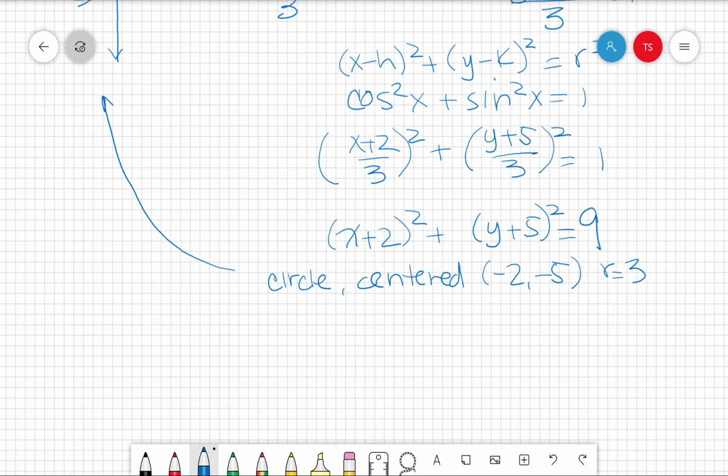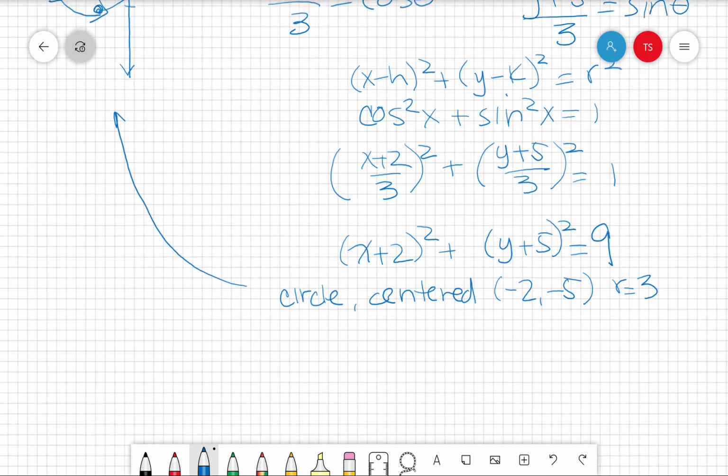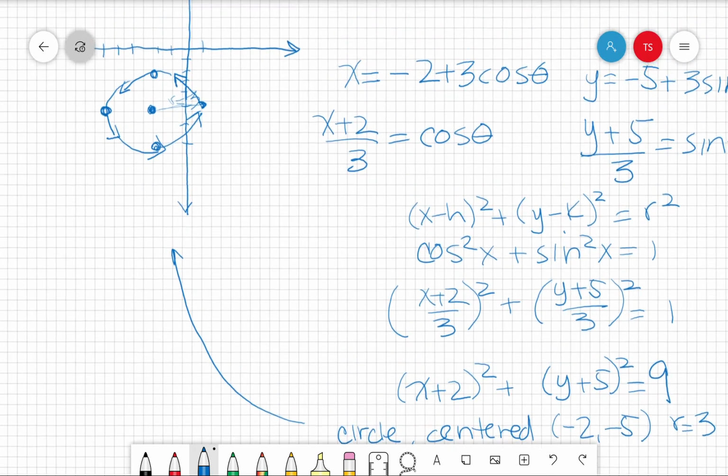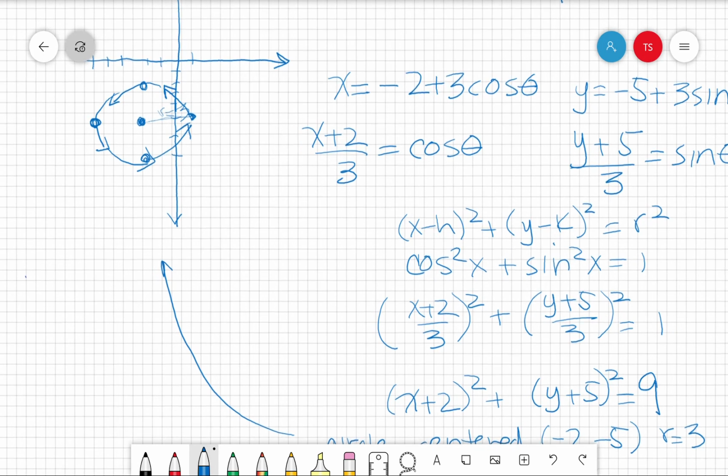Okay, so let's say we wanted to find the slope of the tangent line at the point t equals pi over 4. So when t is equal to pi over 4, we can substitute that in. x would be equal to -2 plus 3 cosine pi over 4.